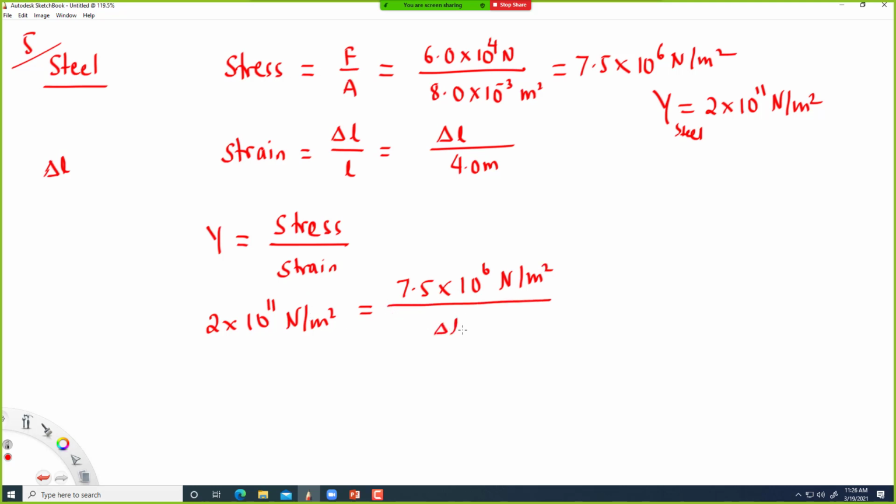Strain is delta L over L, and L is 4 meters. So everything here is known except delta L, so you can find delta L. Okay, so 2 times 10 to the 11 is equal to 7.5 times 10 to the 6 over delta L over 4. This 4 goes on the top here, times 4, and then you can take this delta L on this side and divide both sides by 2 times 10 to the 11.